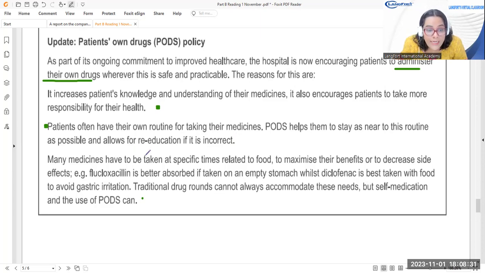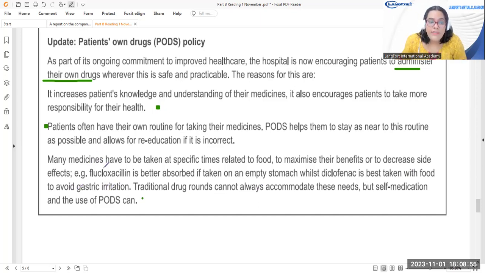Then many medicines have to be taken at specific times according to meals or food, because that will maximize their benefits or decrease the side effects. For example, flucloxacin is better absorbed if taken on an empty stomach, while diclofenac is best taken with food to avoid gastric irritation.